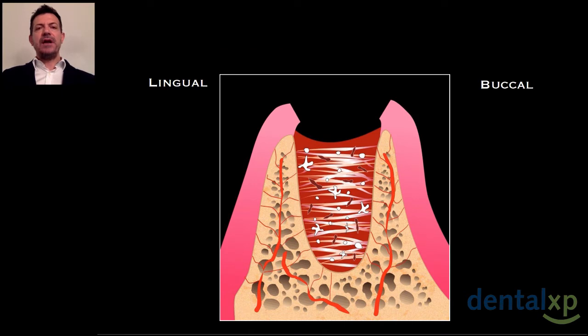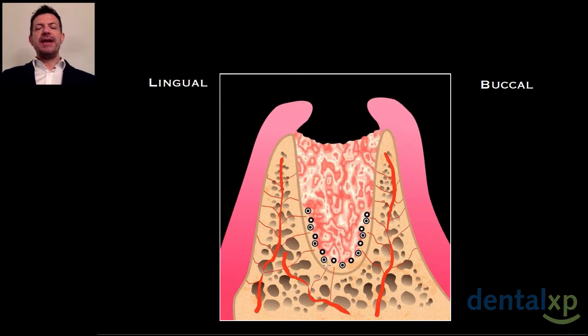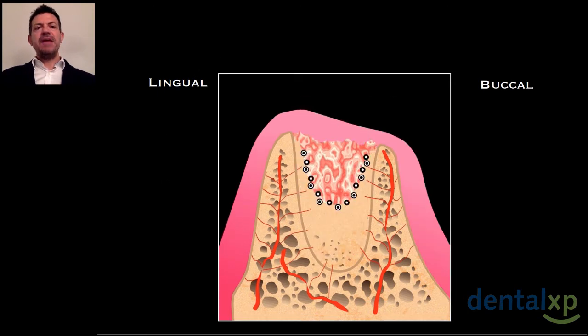After a few days, the blood clot is resorbed due to fibrinolysis, and we have the formation of a new connective tissue matrix. This provisional tissue matrix will be replaced by new mineralized tissue, and starting from the apex, moving to the coronal portion of the socket, we will have new bone formation. At the same time, at the entrance of the socket, the soft tissues will heal, and more bone will come from the apical portion.